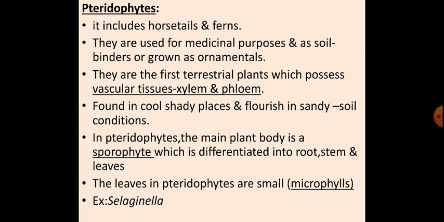These plants don't possess vascular tissue, whereas pteridophytes contain vascular tissues, xylem and phloem. Xylem is the water conducting tissue and phloem is the food conducting tissue, complex tissues that are found first in pteridophytes.